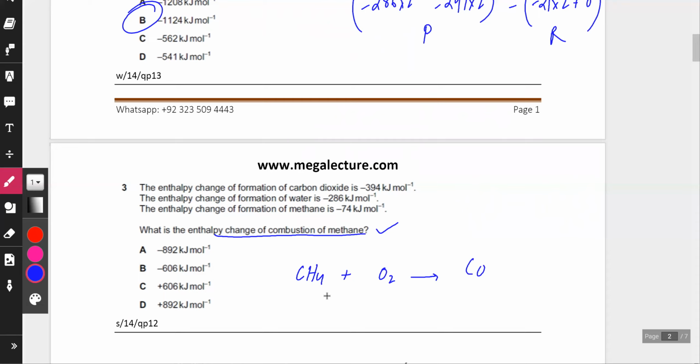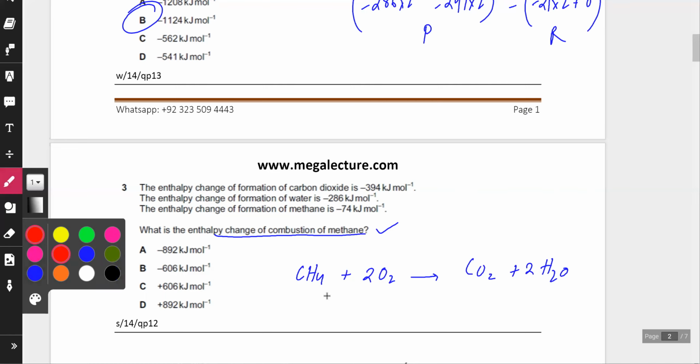So it'll be CH4 plus O2 giving CO2 plus water. These are your products, and you can balance it. It's going to be 2 water molecules, and there's going to be 2 oxygen molecules. So this is the reaction whose enthalpy change you have to figure out, right? So use the data that's given.